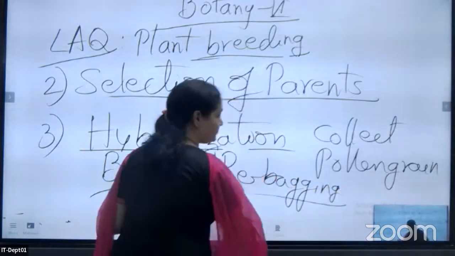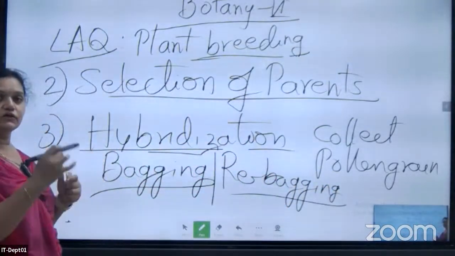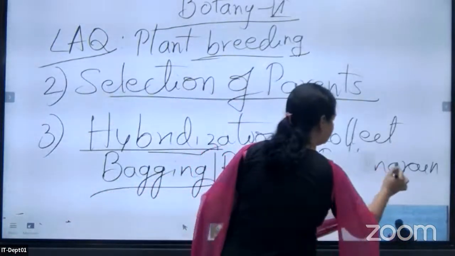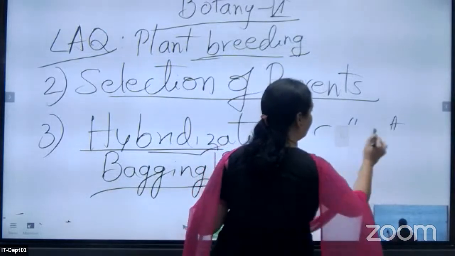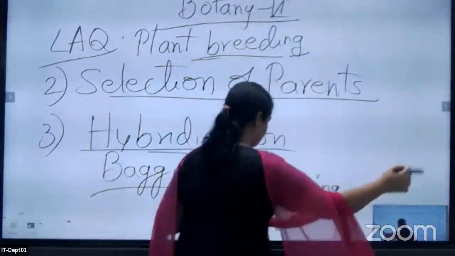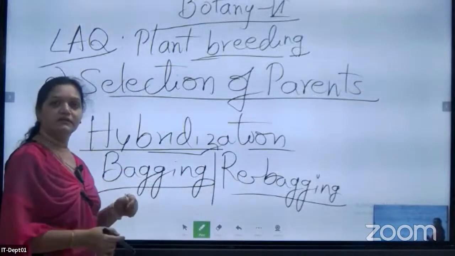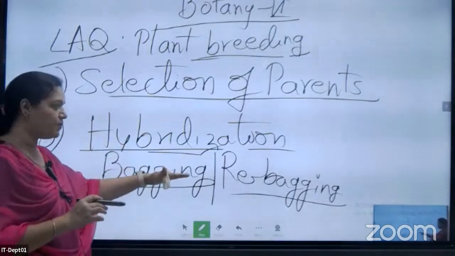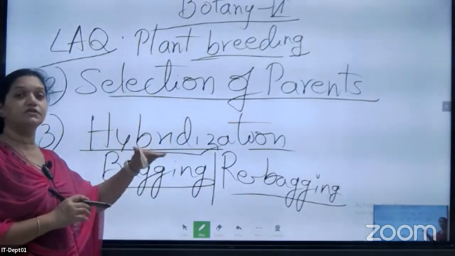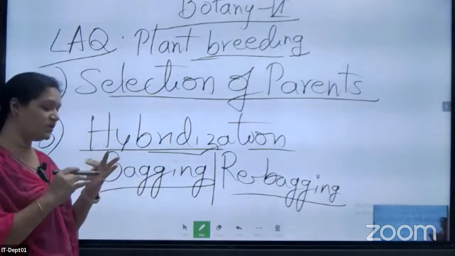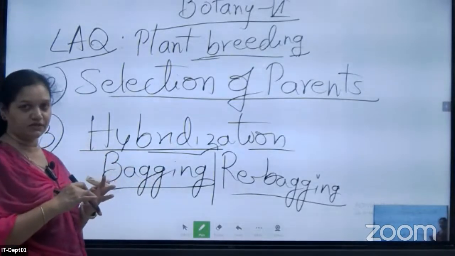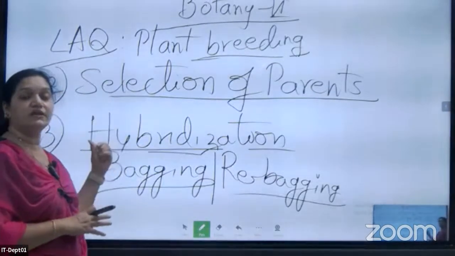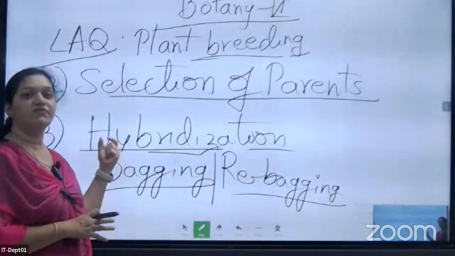Then in the labeling, we mention the male parent name and when we did the artificial pollination. If we leave the polythene bag undisturbed for 15 days, then pollination and fertilization occur in the flower. Then we can remove the polythene bag. Now the flower is ready to produce seeds.